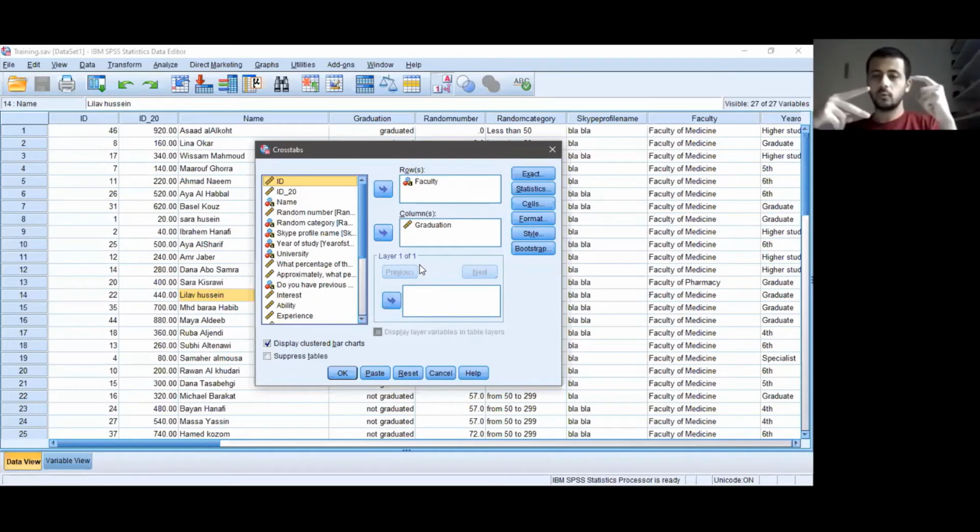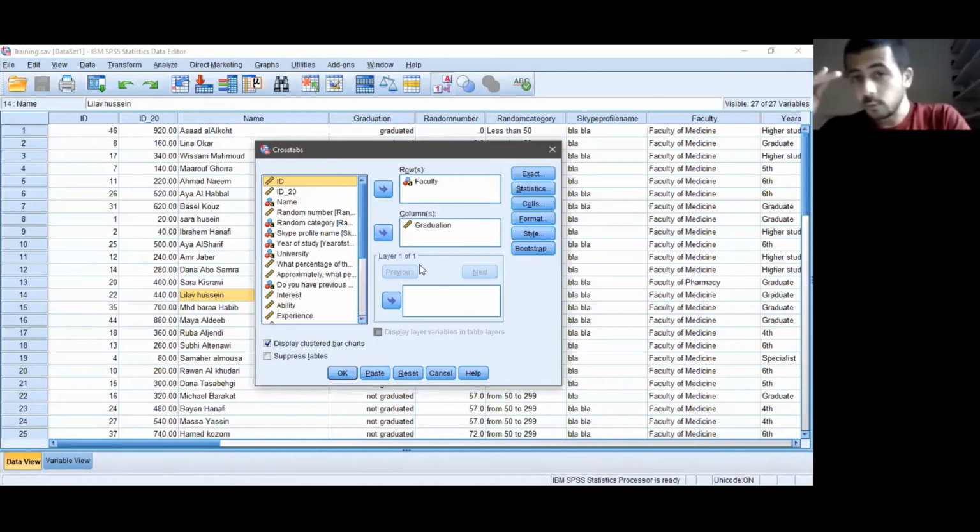When do I use that? Actually, I use that when I have something that I think is a confounder, okay? That might affect the first and the second thing, okay? So what I should do is to control for that confounder.